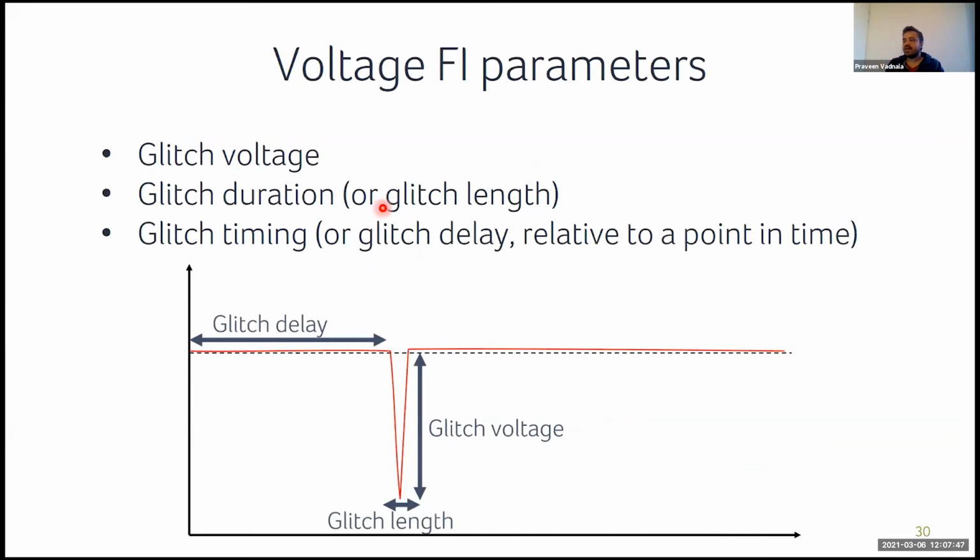For inducing voltage fault injection specifically, because this is what we did, we need to look at 3 different parameters. The first one is the glitch delay. Here is the place where you have your trigger. Let's go back to the previous example. This is where your if comparison is happening, but you don't know exactly where this if is happening in your program.